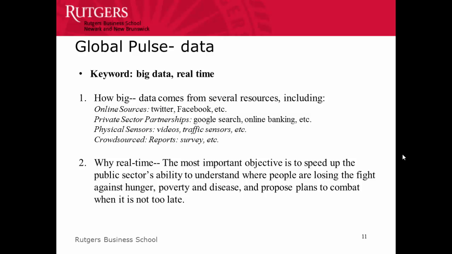They also form private sector partnerships with Google or online banking. So they send people to these large companies to persuade them to provide useful information. And this is also an advantage of working for the United Nations, because otherwise there is no way that you can get online banking data.